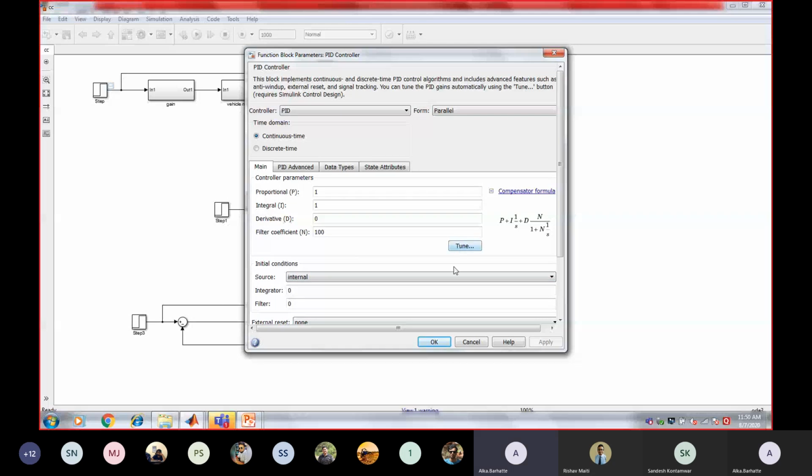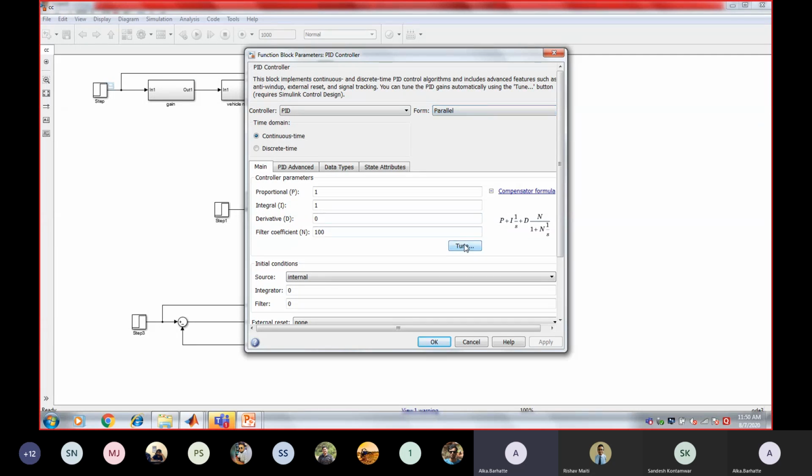PID controller. Here there are two options: you can select continuous time or discrete time analysis. We are using continuous time. This is the PID controller. You can use the PID configuration with all three blocks in parallel, or ideal, which may give you a series combination.